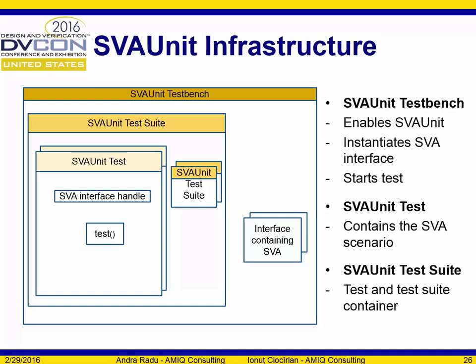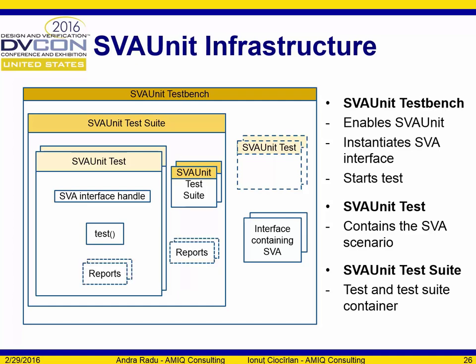So the test suite is a run container for both unit tests and other test suites. So you could build different verification environment topologies as you need. Of course, you could just put the unit test directly in the test bench if you want to do a quick run, and then plan to make test suites or other topologies.